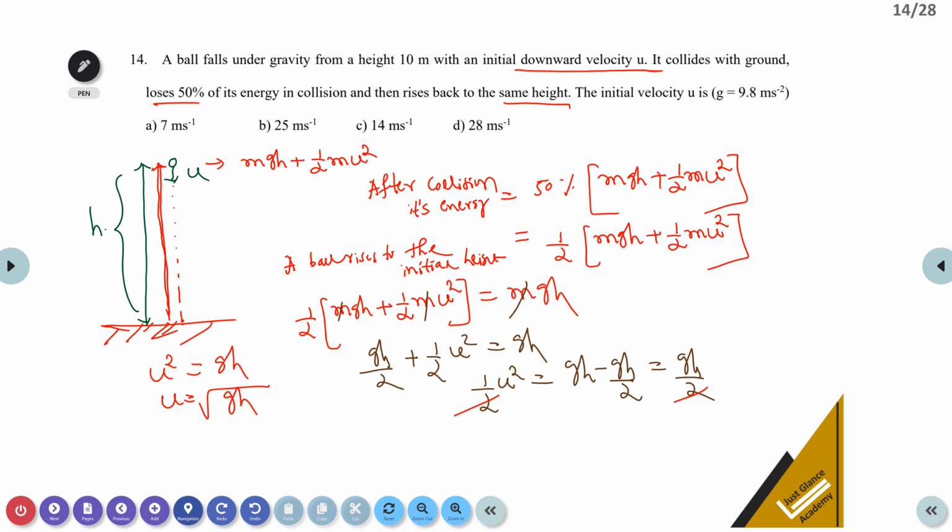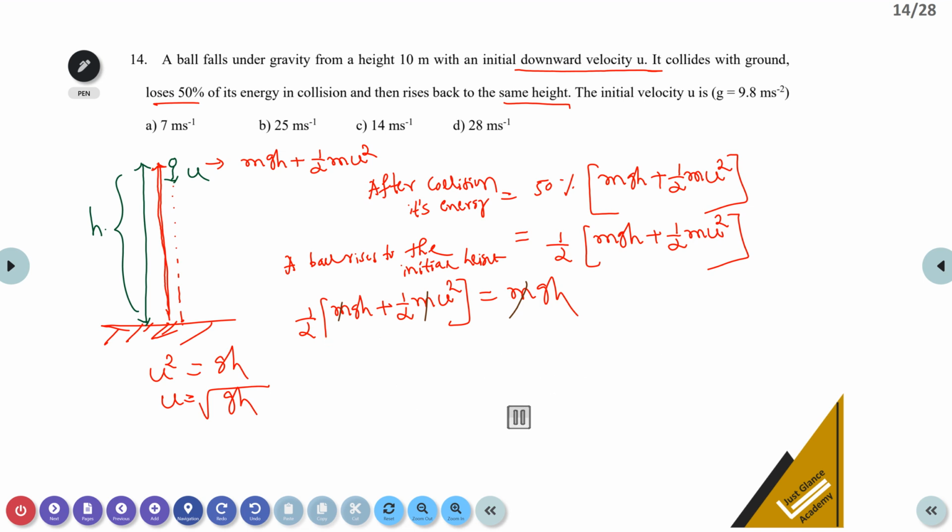Have I made any mistake? Here it is gh by 2, it is 1 by 4. One minute, I made one mistake. I will remodify it. gh by 2 plus u square by 4 equal to gh.